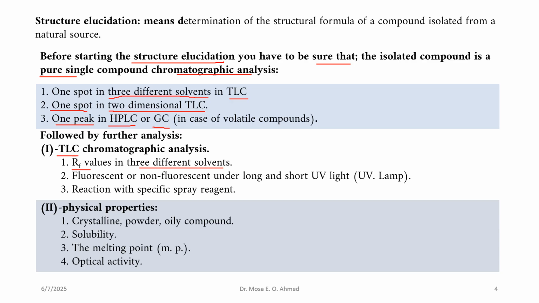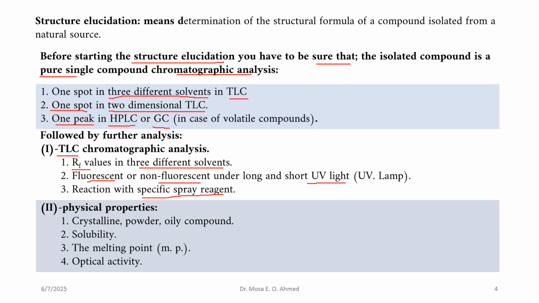Also confirming if the compound is fluorescent or non-fluorescent by using short UV light, using UV lamp. Also by reaction with a specific spray reagent to ensure the quality of the isolated compound, if it is single or mixture compound.